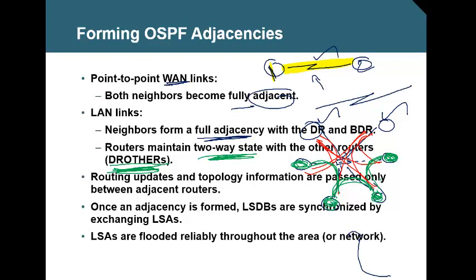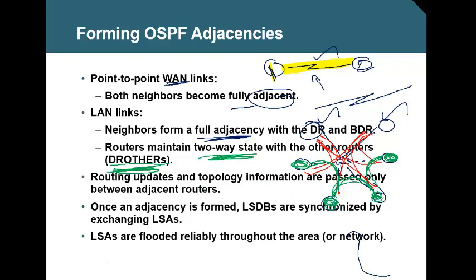Routers maintain two-way state with the other routers. Only two-way relationship. Okay, next. More about this will come later. If you understand, happy. If not, don't worry. We'll see this in detail later. Next. Routing updates and topology informations are passed only with the adjacent routers.